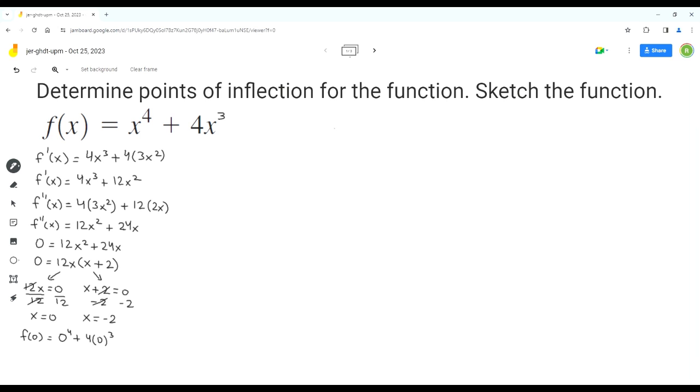So 0 exponent 4 is 0, and 4 times 0 cubed is 0. So that means f at 0 is equal to 0. So the first inflection point we find is (0, 0).